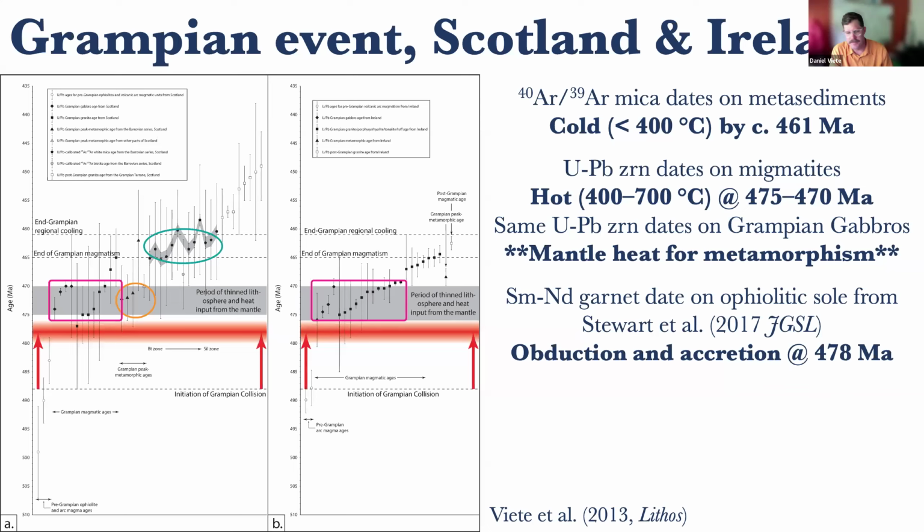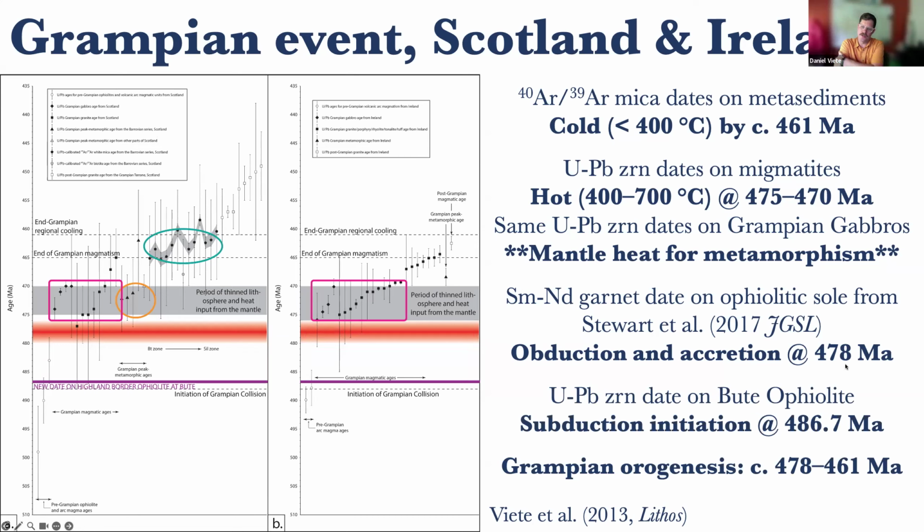Work published in 2017 provided a samarium-neodymium garnet date from the Ballantrae ophiolite as the earliest indication of collision in the system at 478 million years ago. And our recent work has put a uranium-lead zircon date on the Butte ophiolite, which is an associated ophiolite, at 487.